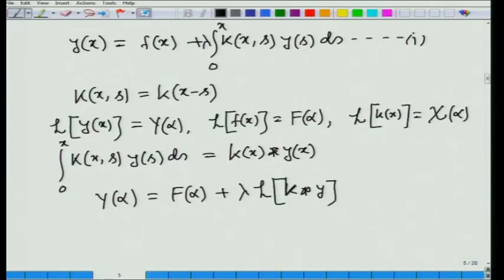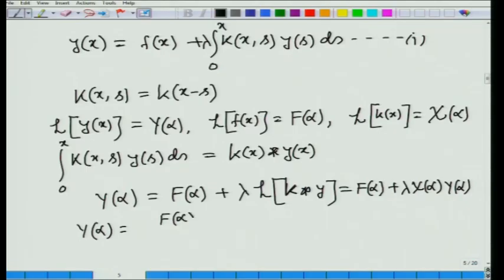This is small k, keep in mind, not capital K. And this is equal to F(alpha) plus lambda times chi(alpha) multiplied by Y(alpha). So, solving for Y(alpha), we find Y(alpha) equal to F(alpha) divided by 1 minus lambda chi(alpha), with the hypothesis that lambda chi(alpha) is not equal to 1.